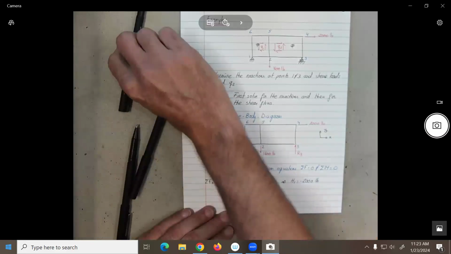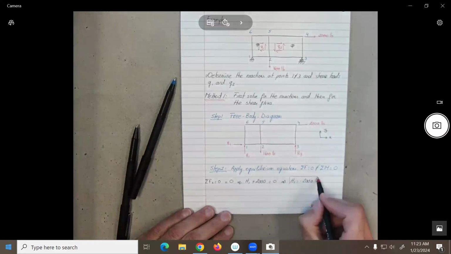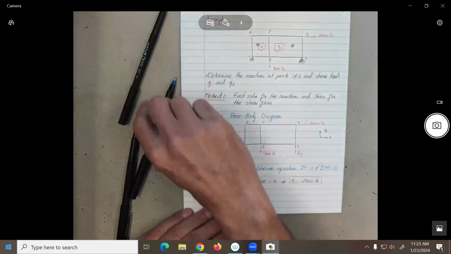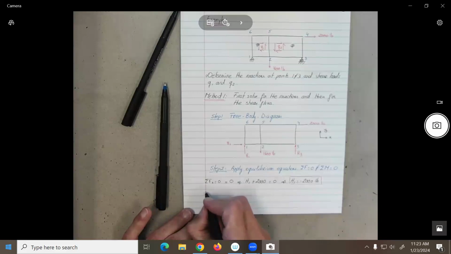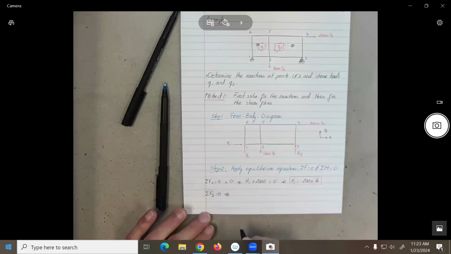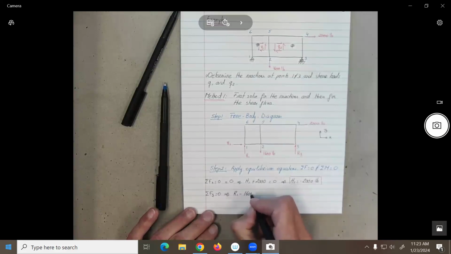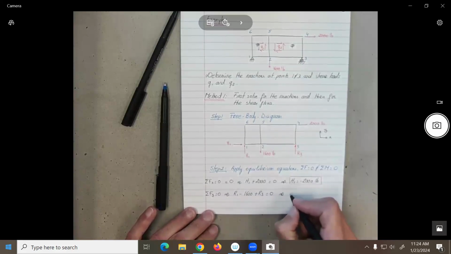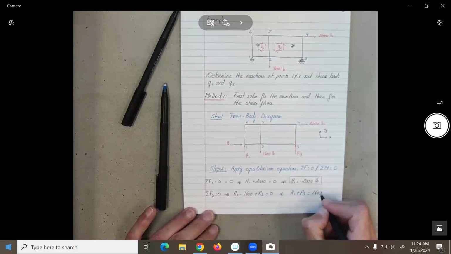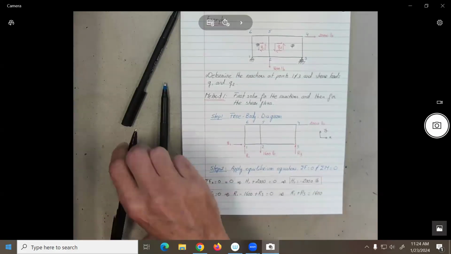Negative 2000 pounds. Next, what can we do? We can do summation of forces in y. What will we get? R1 minus 1600 plus R3 equal to 0, or this will give us the equation R1 plus R3 equal to 1600.